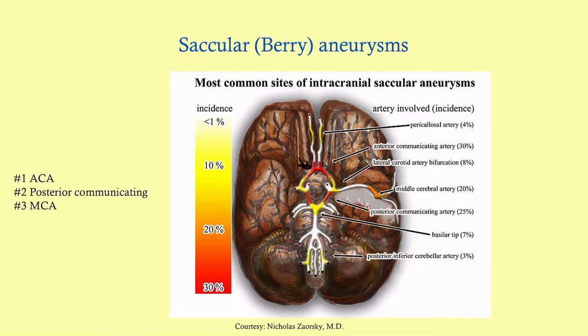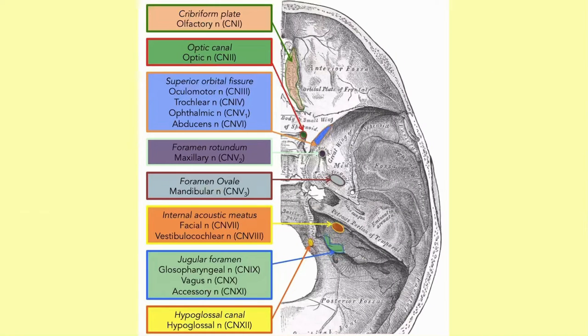We have a bifurcation. And so that area is the number 1 most affected place to get an aneurysm. Then followed very closely by the posterior communicating artery, which is right here. And then the MCA, and that's more distal when we're talking MCA. So we're talking over here. All right, so those are the most common sites of these berry aneurysms.